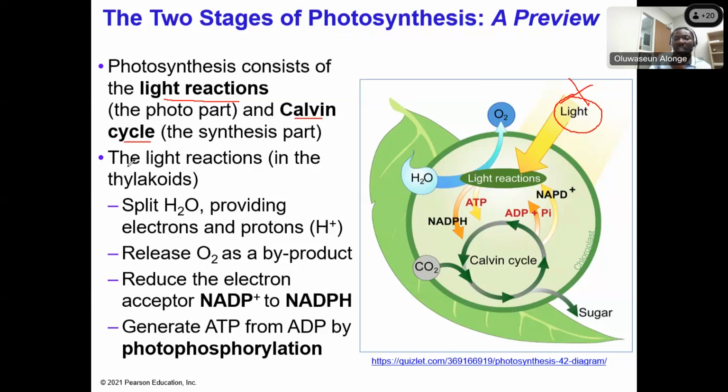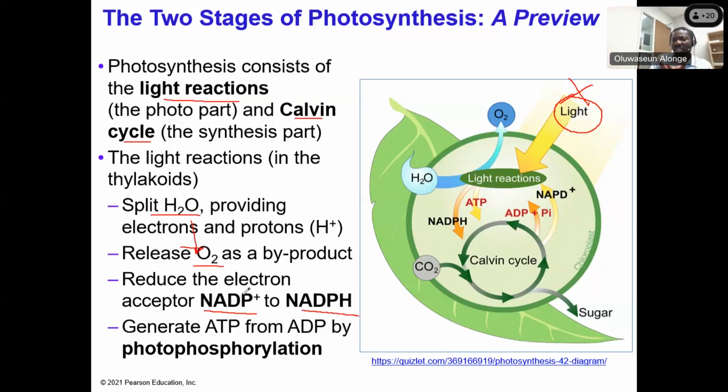So the light reaction is actually where water will split so that it's going to make electron and proton and also release oxygen. So water is what splits to form oxygen as byproduct. It's going to reduce NADP plus to NADPH.